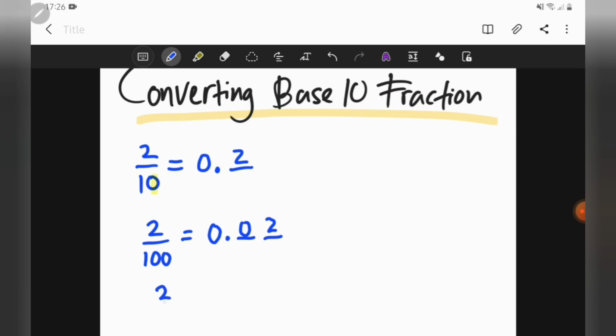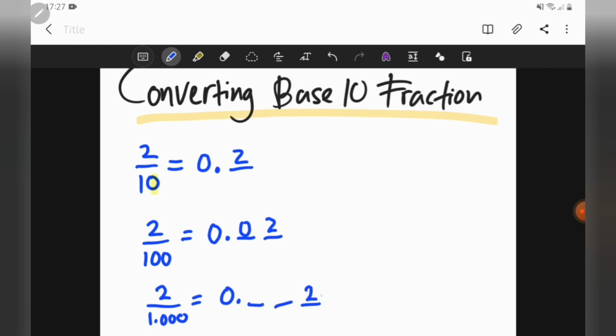What about 2/1000? It is similar. So again, make 0 point, and 3 digits after, because it is 1000. You have 3 zeros. The same way, always put this digit at the end of this decimal.